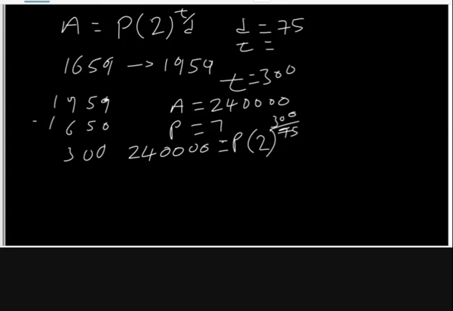So 240,000 is equal to P times 2 raised to the power 300 over 75, which is going to give us 4.